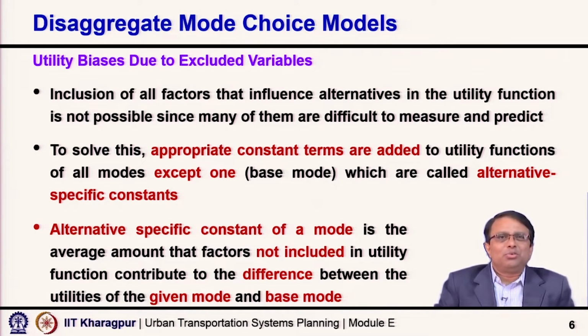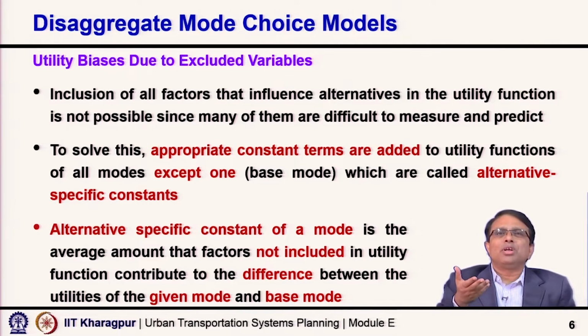As I said, whatever we included will get reflected inside the model as variables, but those which are not included are getting reflected here. So, in utility functions, factors not included contribute to the difference between the utilities of a given mode and the base mode. So, it is with reference to the base mode.